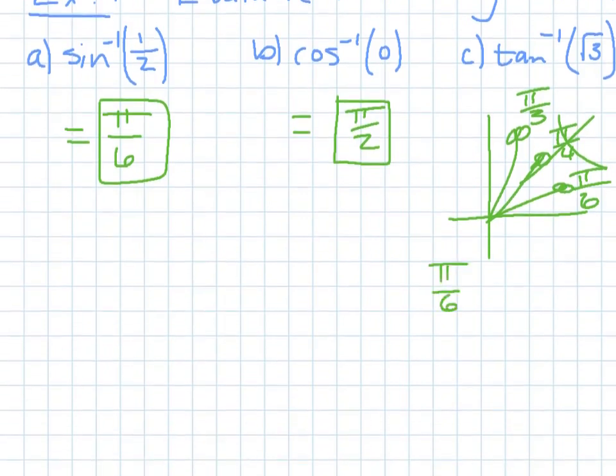So for pi/6, your terminal point is square root of 3/2, comma 1/2.